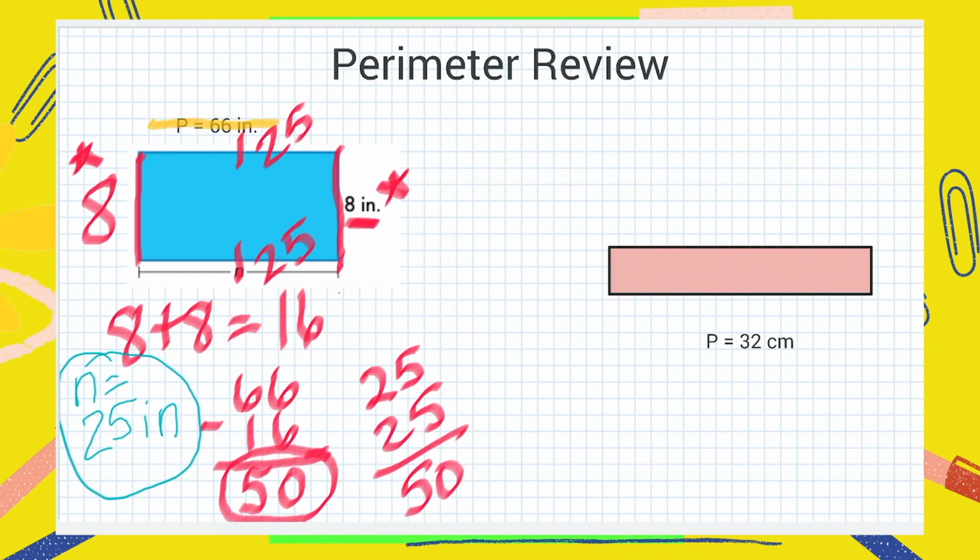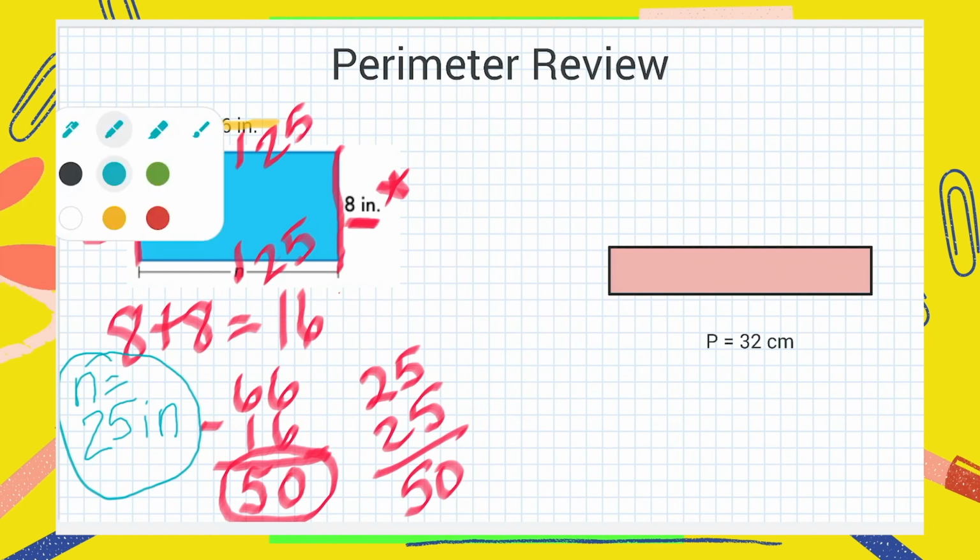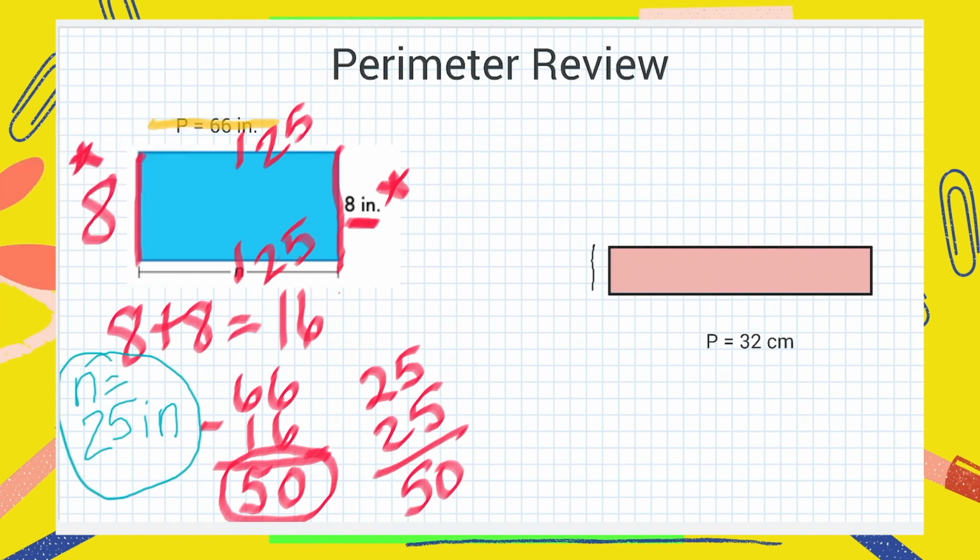So that means that the total distance around this rectangle is 32 centimeters. Now, I'm going to give you a hint. The length of this side is 4 centimeters.